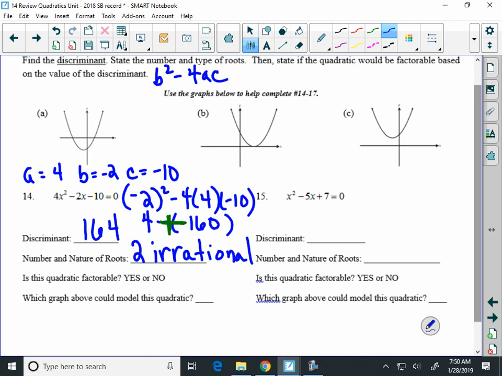And whenever we get irrational, we cannot factor. But as we look up here at the graphs, between A, between B, and between C, we need to have two roots. And on graph A here, this graph crosses the x-axis twice, so this is going to be A.